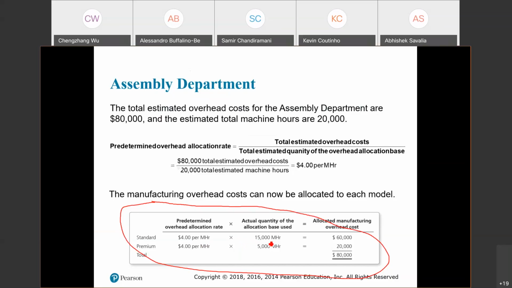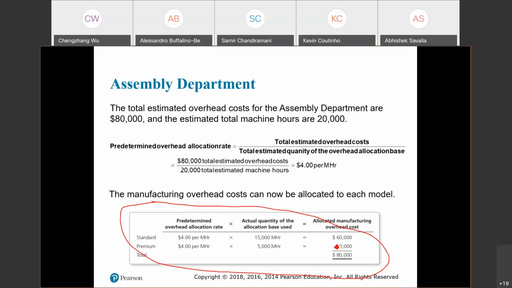Multiplying these two values, we get $60,000 allocated to the standard model. And similarly, we use $4 per machine hour times 5,000 machine hours used on the premium model.